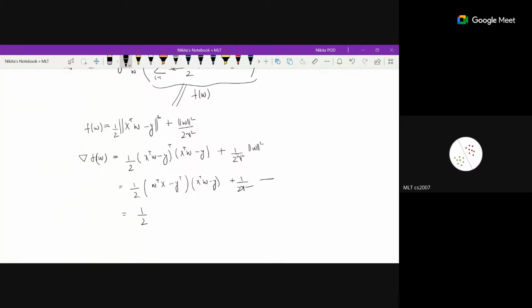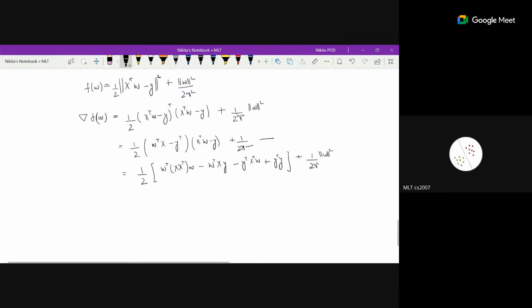So you take the product and you will have W transpose XX transpose W minus W transpose XY minus Y transpose X transpose W plus Y transpose Y plus 1 upon 2 gamma square norm of W square. This is still my F of W.